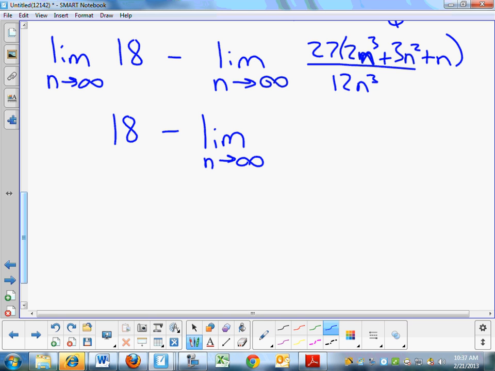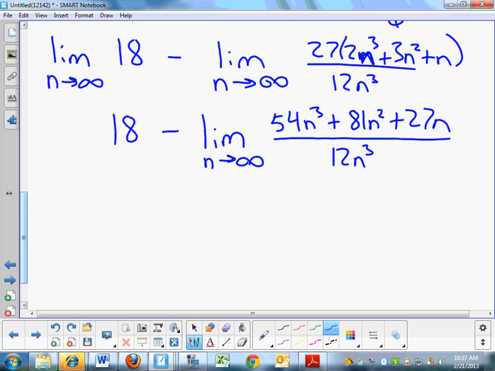Okay, I'm going to do exactly what we have been doing so people don't get confused. If you've got a different way, run with it, because I would do it the different way as well, but I just don't want to confuse anybody. So we've got 54n cubed plus 3 times 27, 81n squared plus 27n, all over 12n cubed.